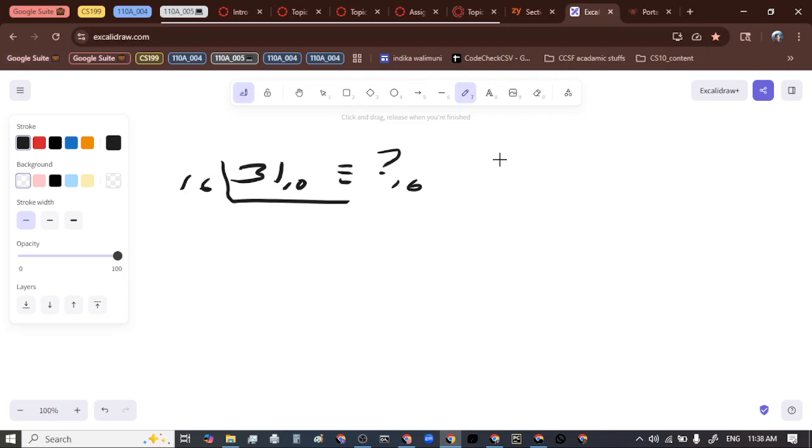How many 16s do we have in 31? 1. What's left? 15. And then one more time, 16 into 1 gives 0, because the pattern is we keep dividing until we reach 0 at the bottom. Those are facts you should remember. Now what's left is 1.